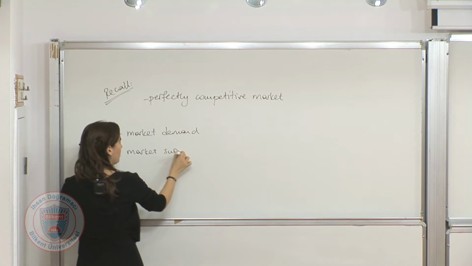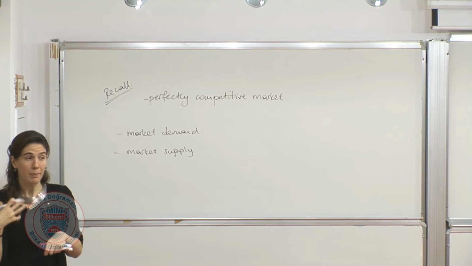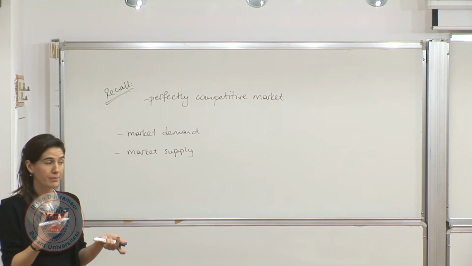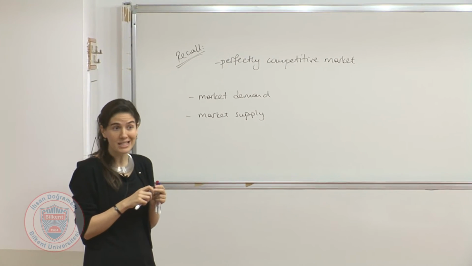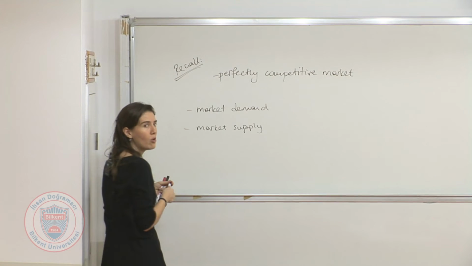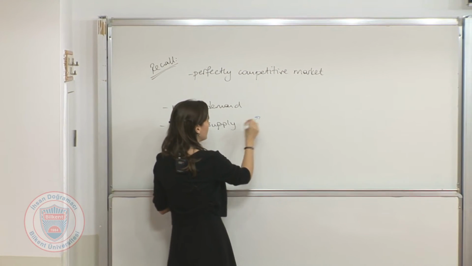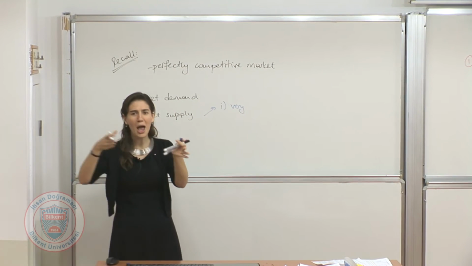But remember, the supply curve was a little bit different than the demand curve, because how firms act is different in the short run and in the long run. So we divided the market supply into 3 time periods.